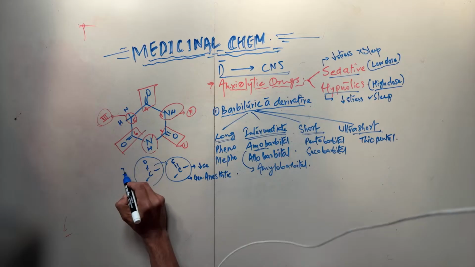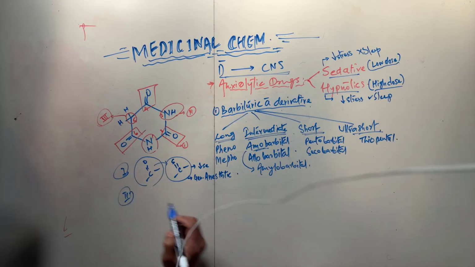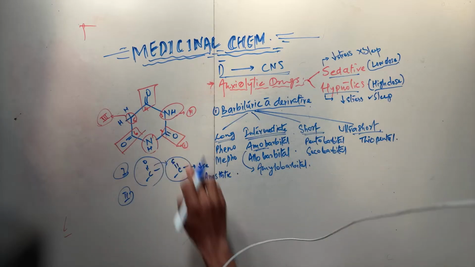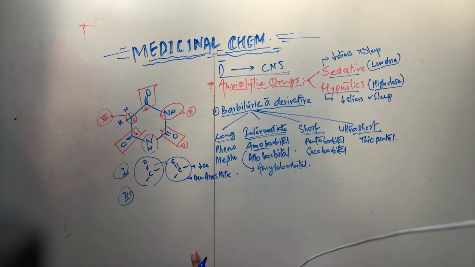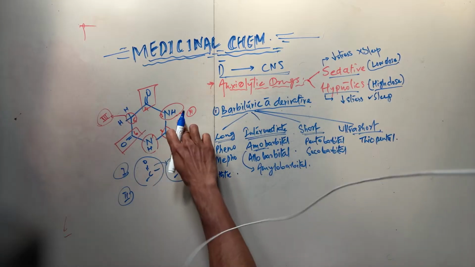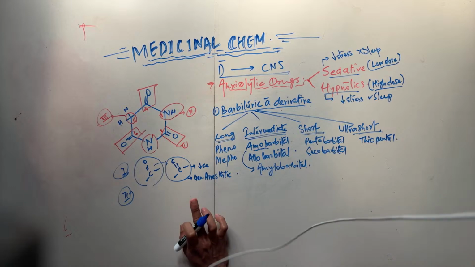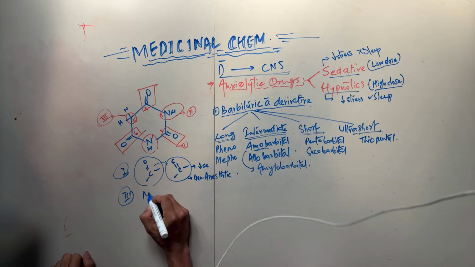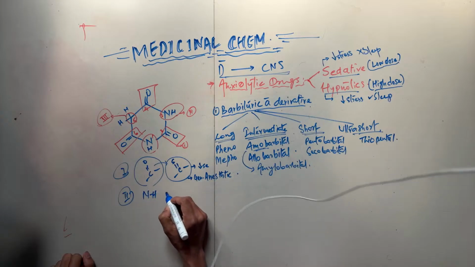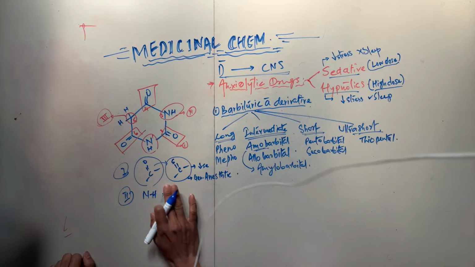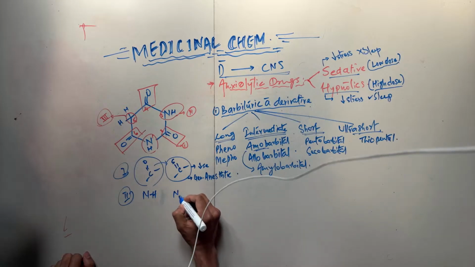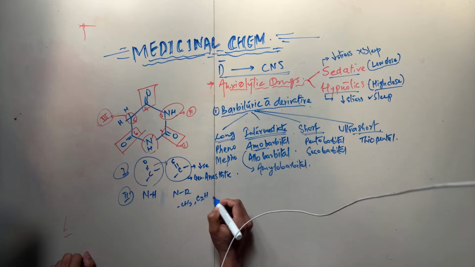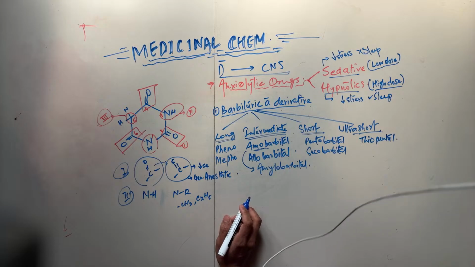Now the second modification. What I am telling you is all structural activity relationship. Second modification is possible on first and third position nitrogen. So on nitrogen atom at C1 and C3 position, alkylation on nitrogen. That means if this hydrogen, NH, is replaced with alkyl group, NR, this R can be CH3, C2H5 or anything like that.